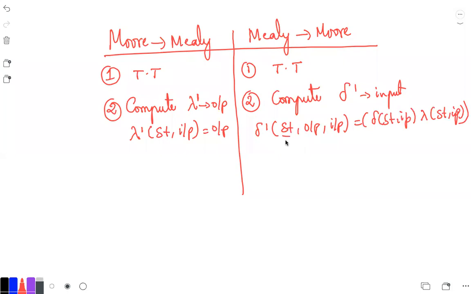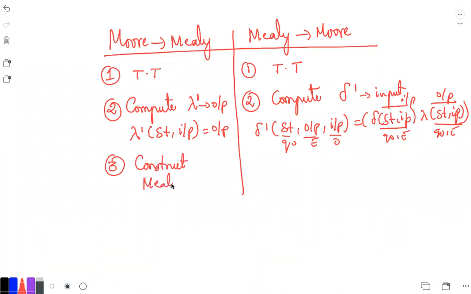We have seen Q naught E on 0. It is Q naught on E, the same Q naught on E. We compute the transition of Q naught on E and the output of Q naught on E. This is how we do the function. So the step 3: construct the Mealy table.